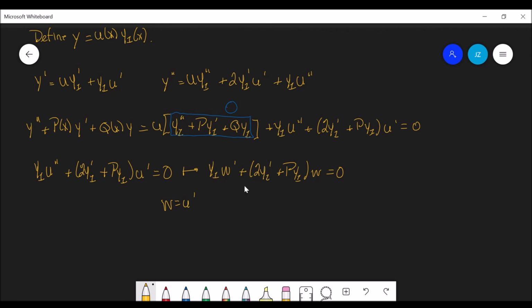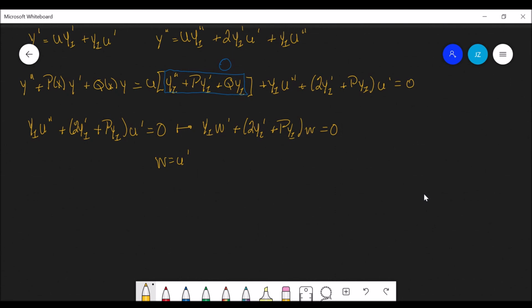Now, this equation is both linear and separable. We will solve it using separation of variables. So we rewrite it: dw over w plus (2 y1 prime over y1 dx) plus p dx equals 0.